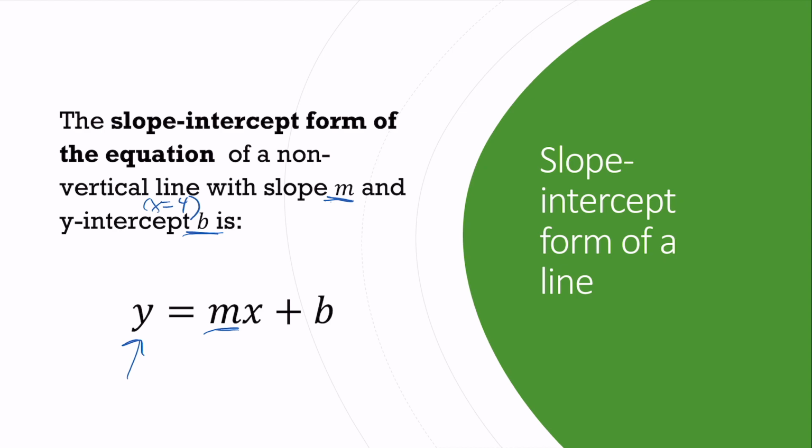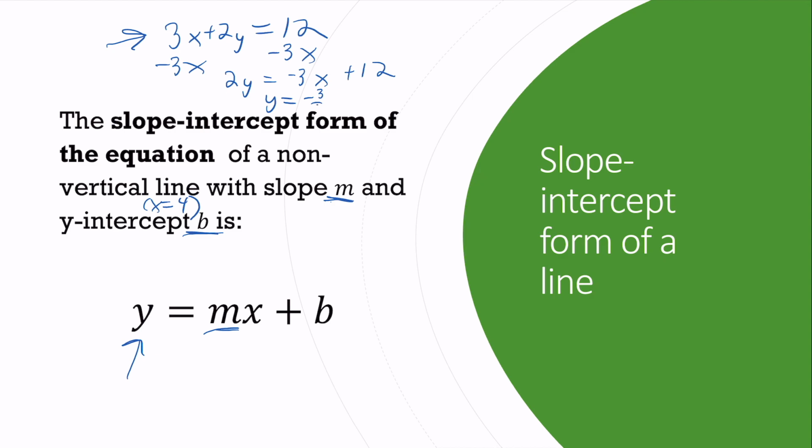So if I have an equation like 3x plus 2y is 12, I don't know the slope of this line. I don't know the y-intercept just by looking at it. But if I solve for y, that'd give me 2y is negative 3x plus 12. y is negative 3 halves x plus 6.